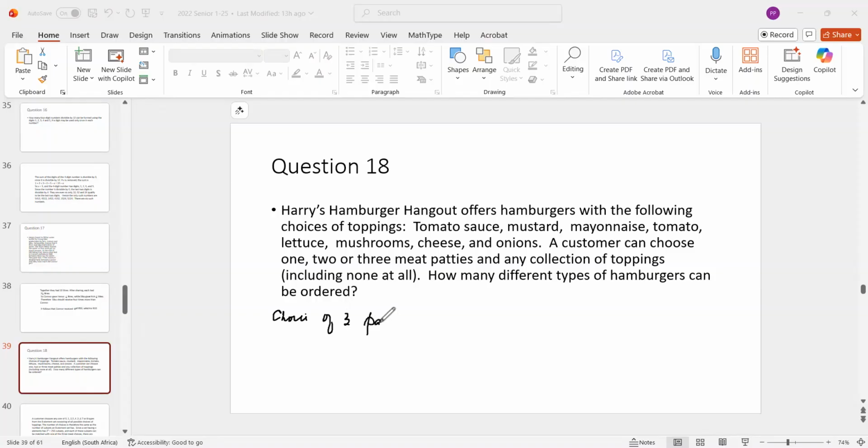Three patties. And what about the toppings? You got tomato sauce, mustard 2, mayonnaise 3, 4, 5, 6, 7, 8. Choice of 3 patties and 8 toppings.